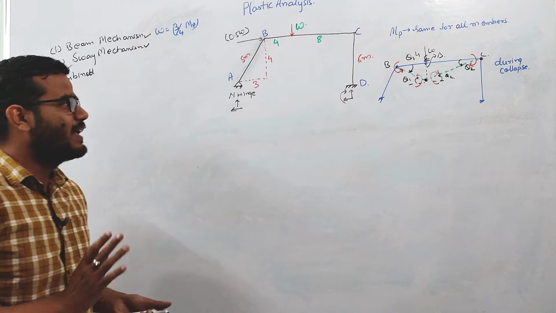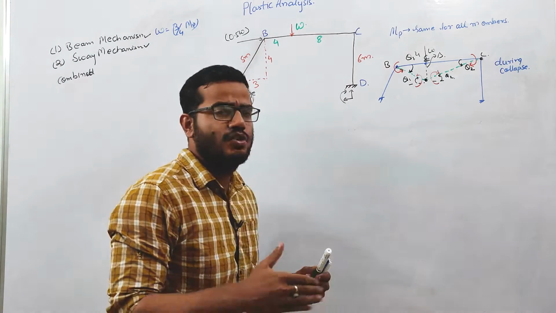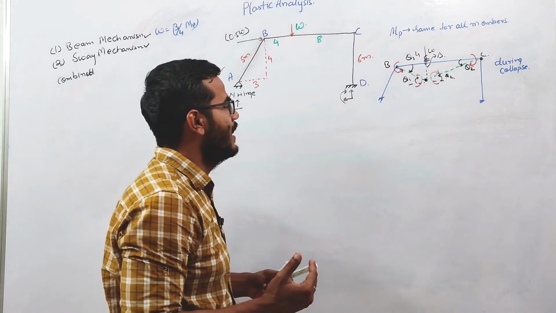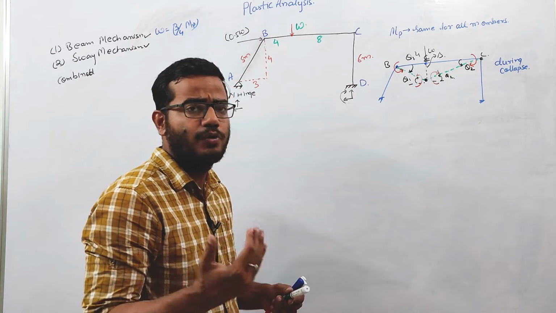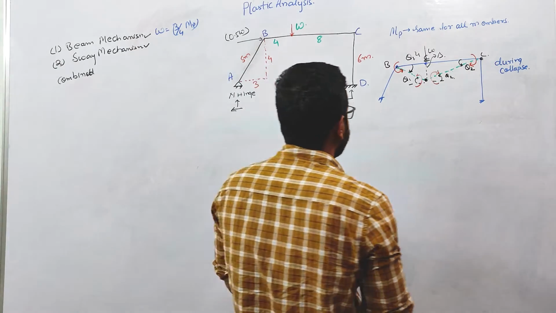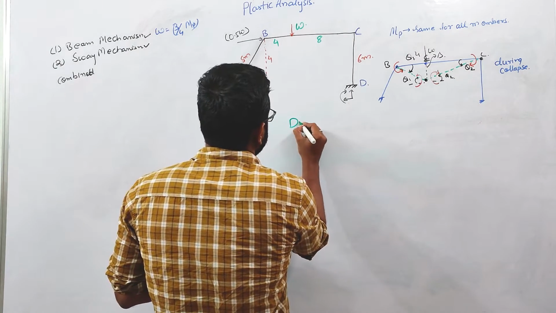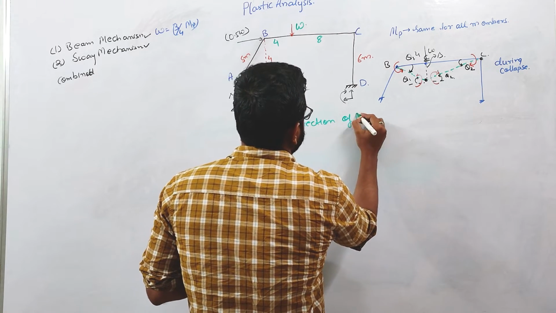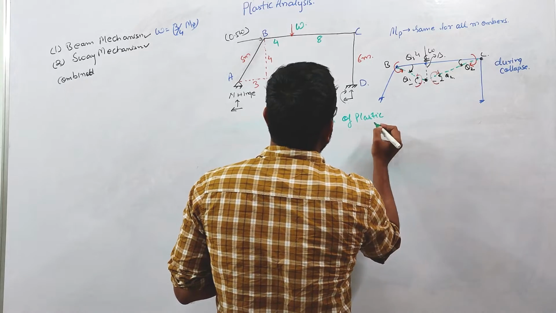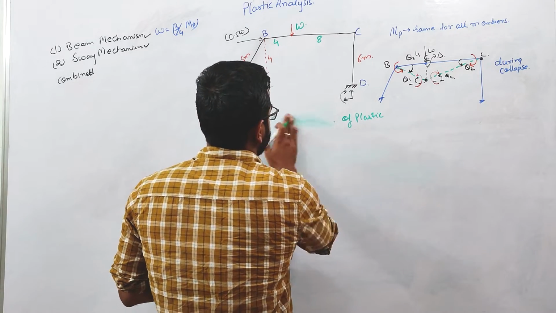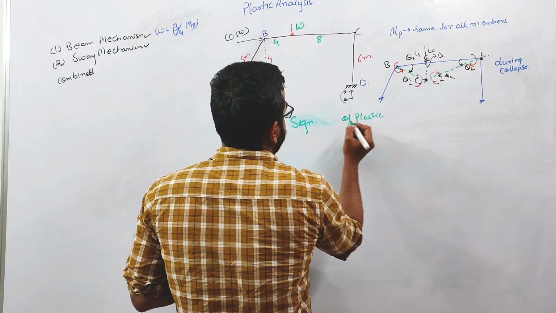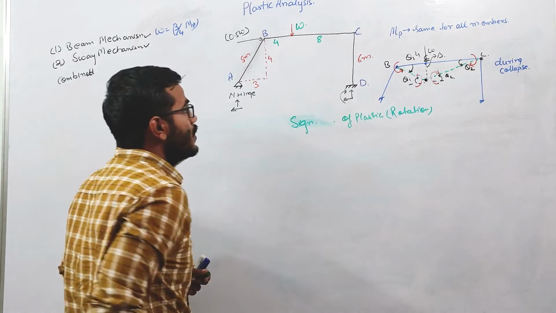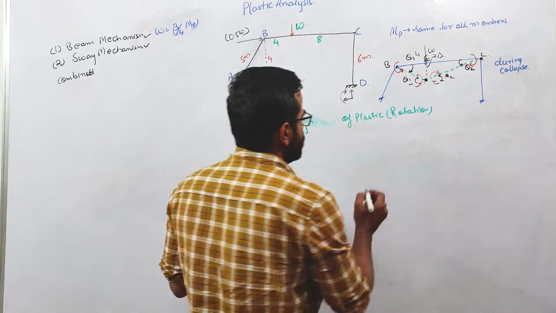Okay, one more thing I would like to tell here is the direction of the plastic rotation, because we will need that while calculating the collapse load using the combined mechanism. So let us discuss the sign of plastic rotation, whether it is positive or negative.